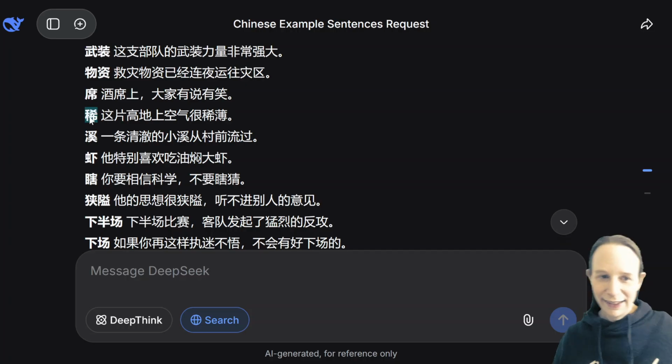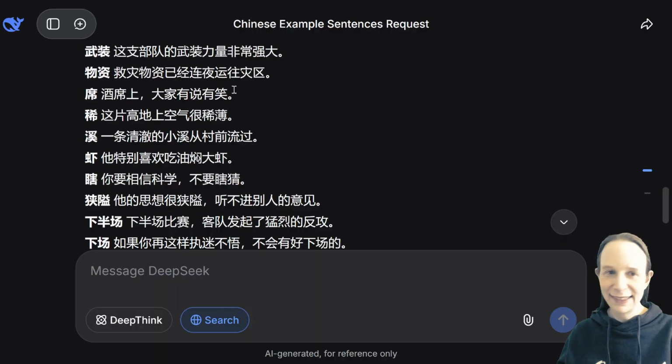Anyway, 稀. Have we not done this one like 3 or 4 times already? It refers to something that is sparse or spread out, as opposed to dense. The antonym of 稠. 这片高地上空气很稀薄.